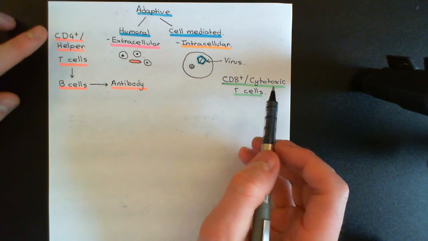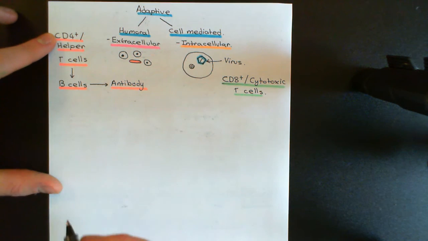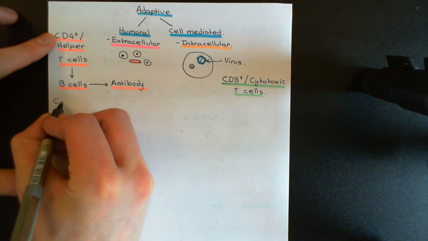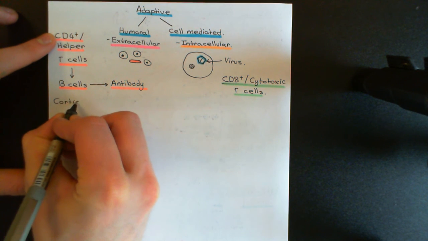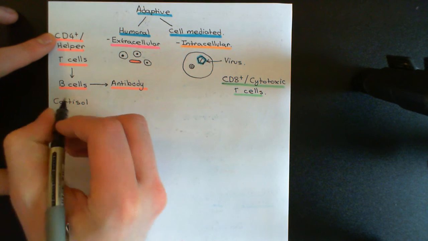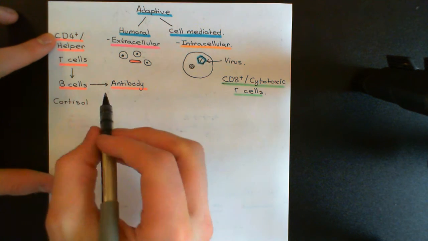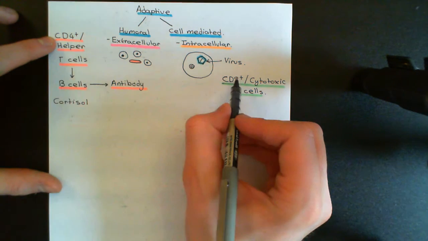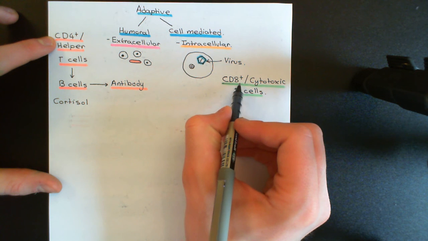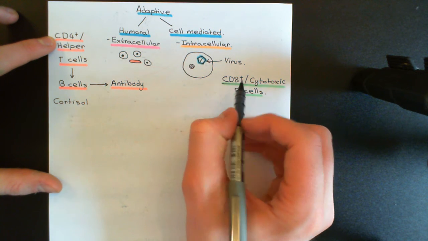Okay, so to maintain the adaptive immune system, you have to continuously be activating T cells. That is the common theme here. Now, cortisol achieves an immunosuppressive effect, i.e. it turns these two branches of the adaptive immune system off, or at least tones them down, by going inside CD4 positive and CD8 positive T cells and preventing their activation.